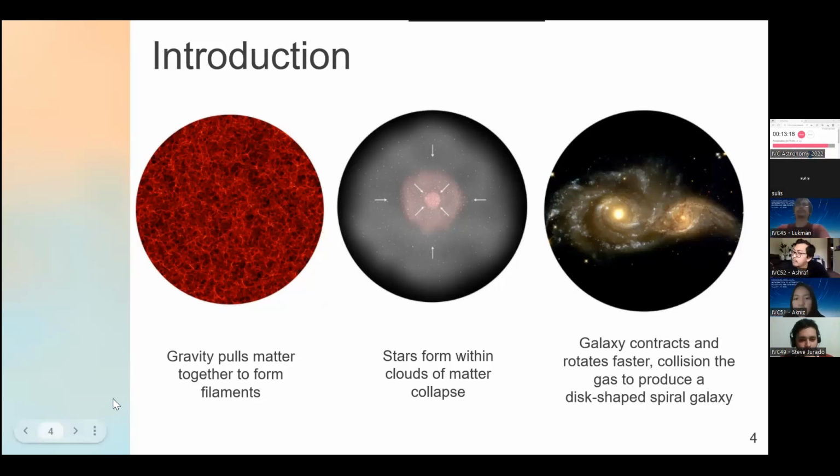The galaxy contracts and rotates faster. Collision of the gas produces a disk-shaped spiral galaxy. Looking deep into space, we see galaxies at earlier stages in their lives and learn more about their evolution. They are more numerous, display unusual shapes, and have episodes of energetic outbursts.